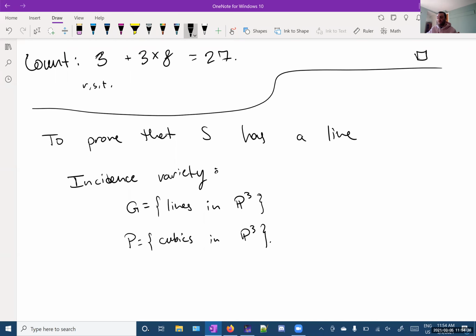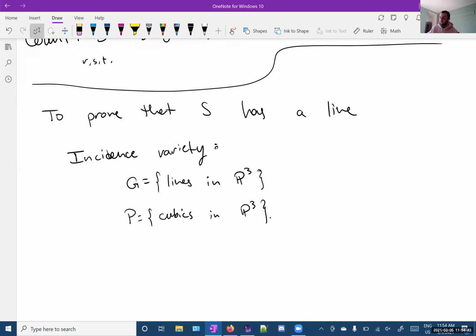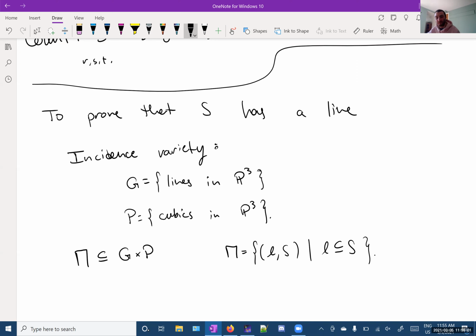Okay, and now, we can figure out what these things are actually, but I don't really want to talk about that. So now what I can do is form this incidence variety inside of G cross P. This incidence variety is defined to be the set of pairs (L, S) such that L is contained in S. Now this is non-empty, right? If I take 3 planes, for example, that defines a degenerate cubic surface, but a cubic surface nonetheless, and it certainly contains some lines.